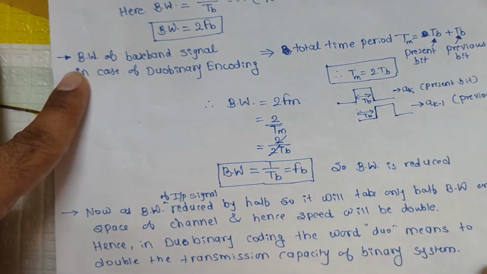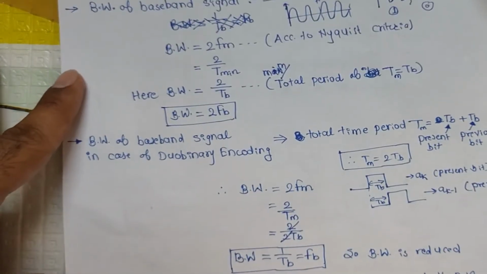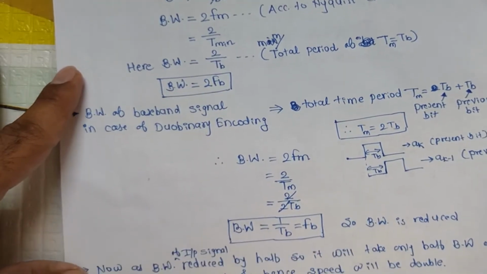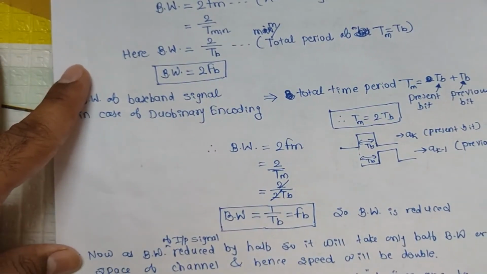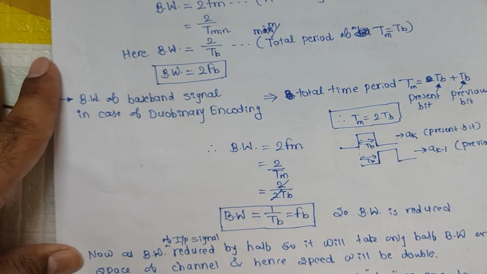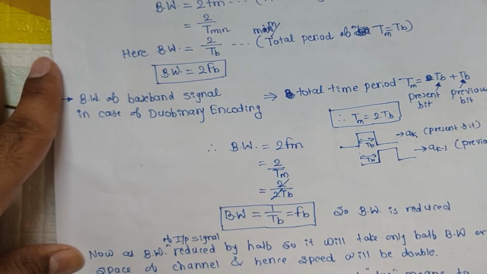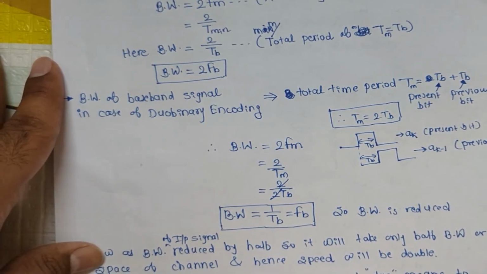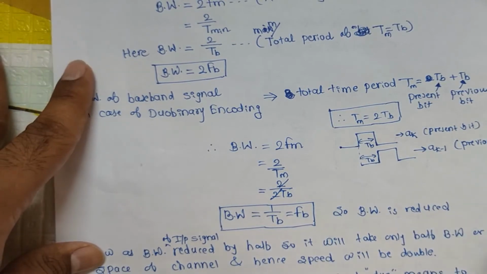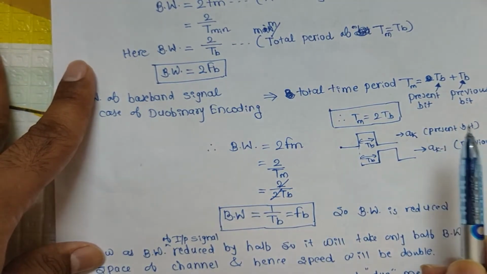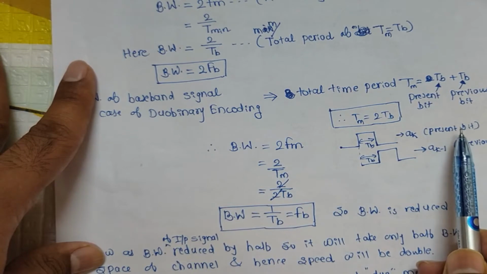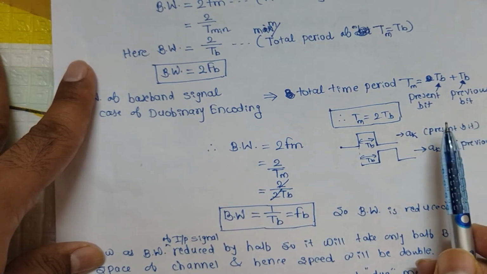So one thing is clear from this discussion. With the help of duobinary encoding, we reduce the bandwidth of the baseband signal by half, so that the transmission speed is doubled. And how is it possible? It is possible with the help of correlative coding. Correlative coding means it depends on the previously generated sequence.